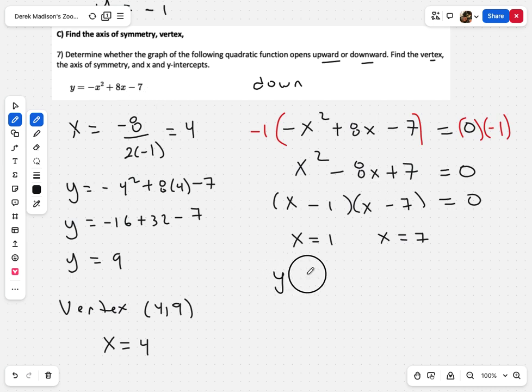And again, the reason for that is if we put in 0, the two terms with the x drop out and we're left with y equals -7. In terms of the answer entry, just be careful what it's looking for.